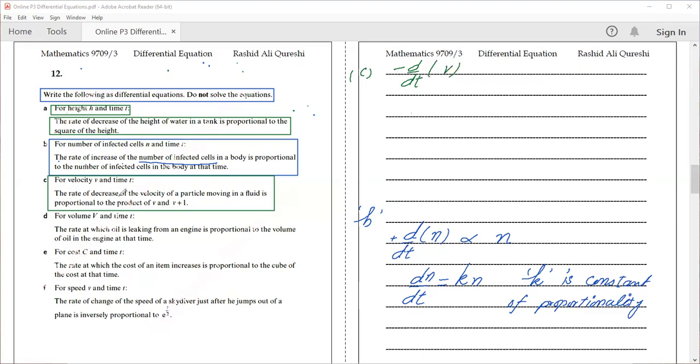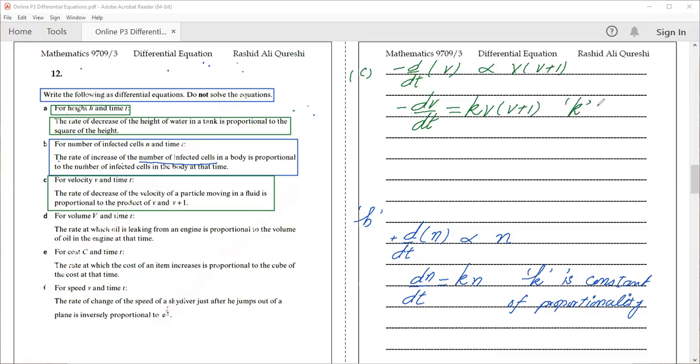moving in a fluid is proportional to the product of v and v plus 1. So you have minus dv by dt. Again, the sign of proportionality is changed to the sign of equality by k times v into v plus 1. You have to write again what k is.